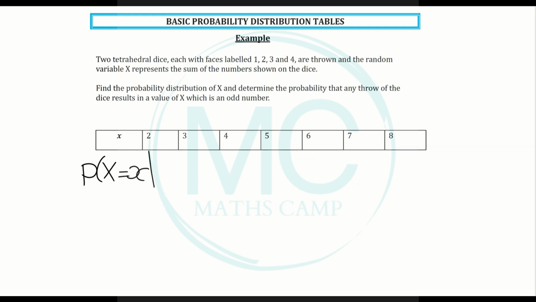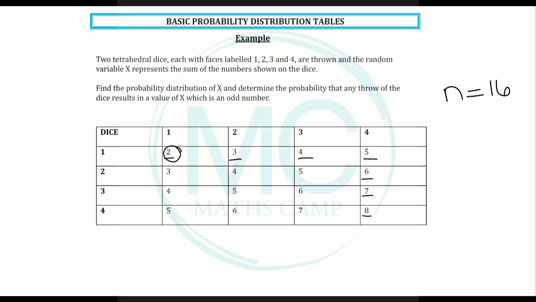So over here, I can say the probability of 2 is 1 over 16. When filling in the probabilities, you do not need to leave your fractions in simplest form. You can leave them all with the same denominator, as it makes this easier to add if you need to do calculations.